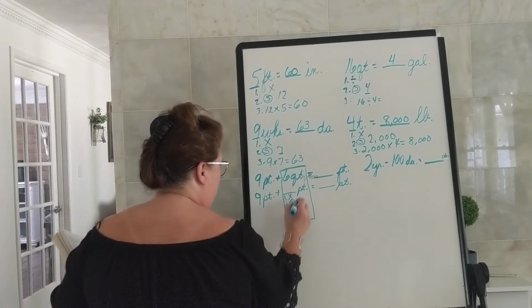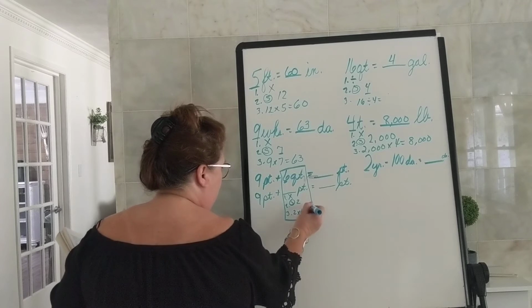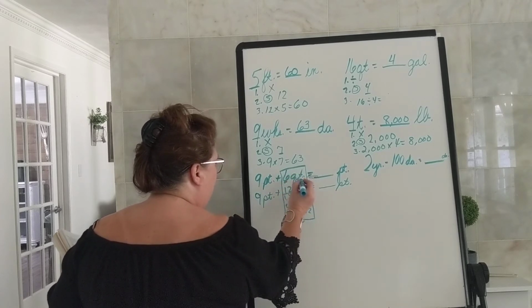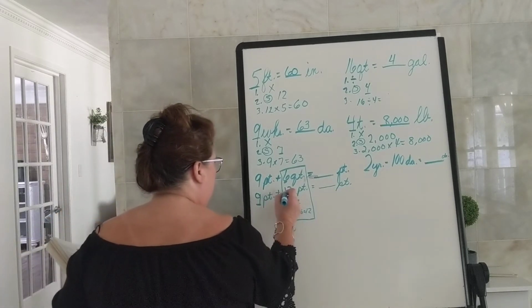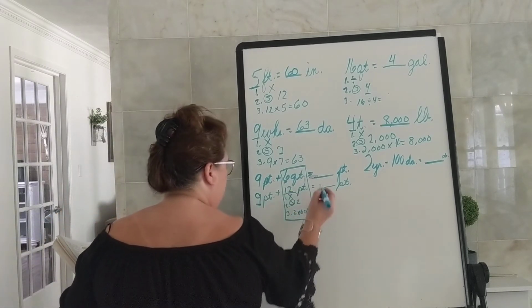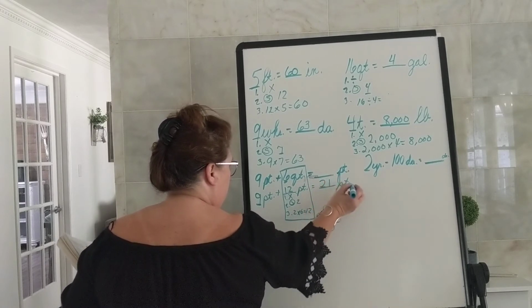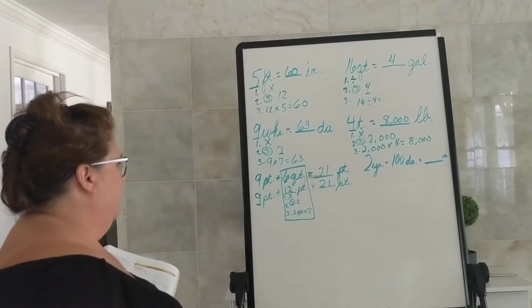So we multiply our special number 2 times our given number 6, and 2 times 6 equals 12. We got to bring it up here and put it on the line because we just converted 6 quarts. It equals 12 pints. Now we're ready to add 9 pints plus 12 pints, and that equals 21 pints. And we write 21 on both lines.